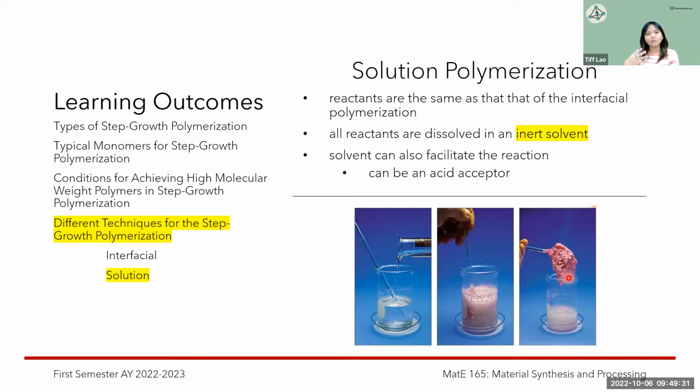On the other hand, solution polymerization needs a solvent, and the purpose of the solvent is to remove your byproduct during polymerization. An example is the polymerization to form polycarbonate, where pyridine removes the HCl.